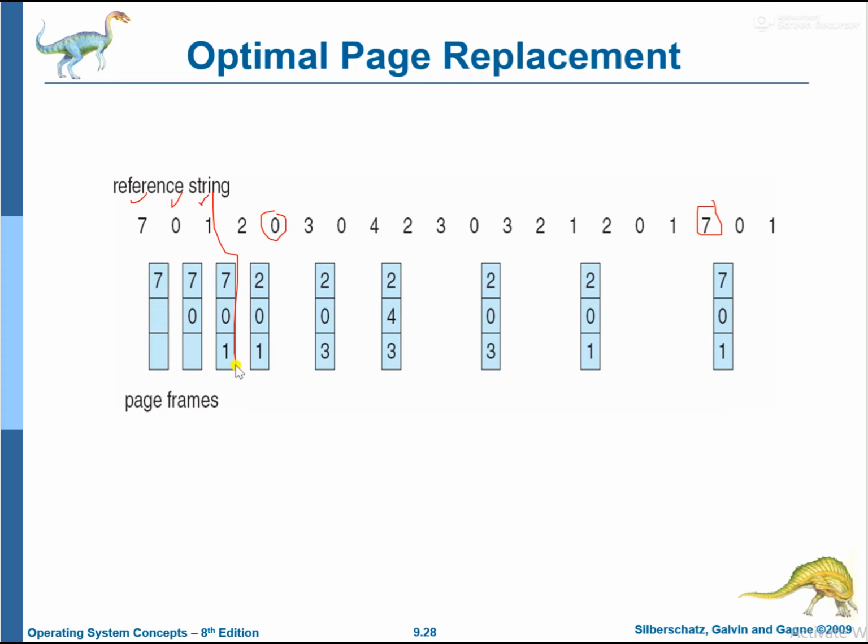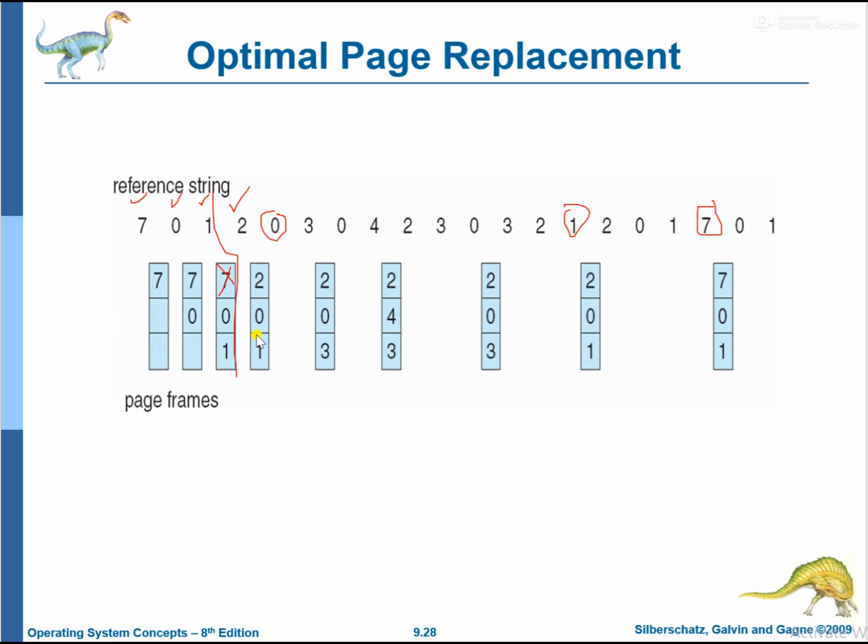So which is the most appropriate victim? The frame which has not been used for the longest period of time, that is, the one far out in this timeline. So 7 is the frame which will not be used for the longest period of time. So 7 is the most appropriate victim. So we choose 7 as a victim and we will bring 2 in place of 7. Okay, so this is our page fault.